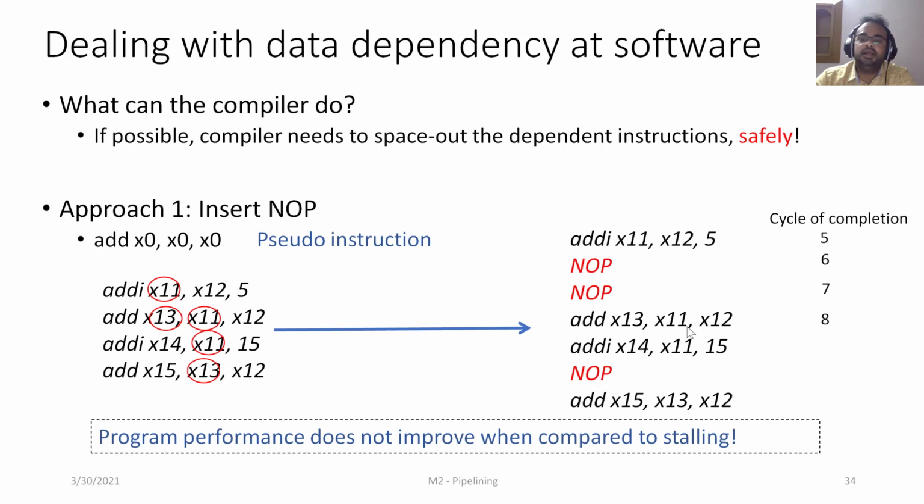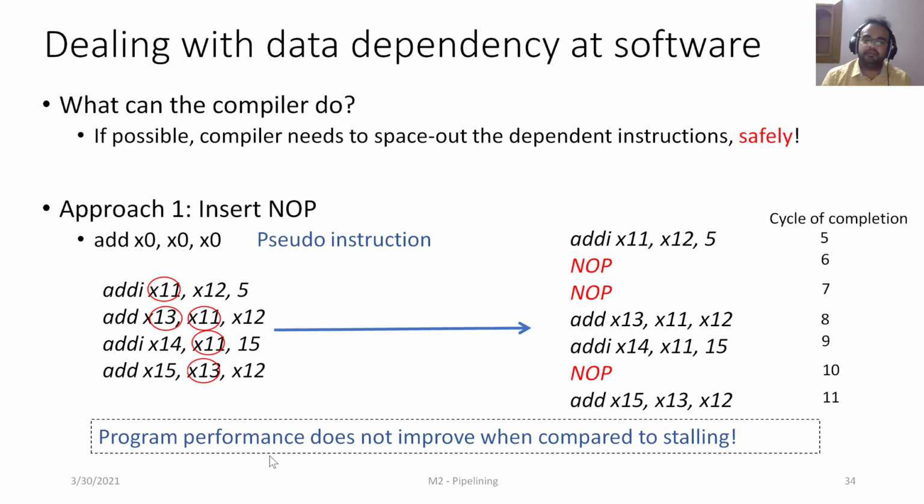In the eighth cycle, the first add instruction would complete. Ninth cycle, ADDI would complete. 10th cycle, the no-op would complete. And 11th cycle, the last instruction would complete, right? So this is the reason the performance is the same when compared to stalling.